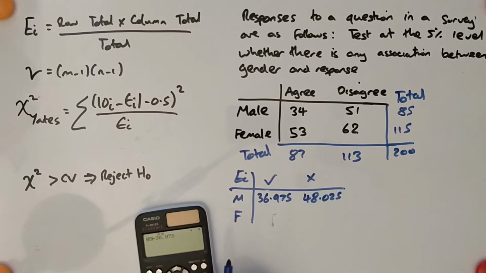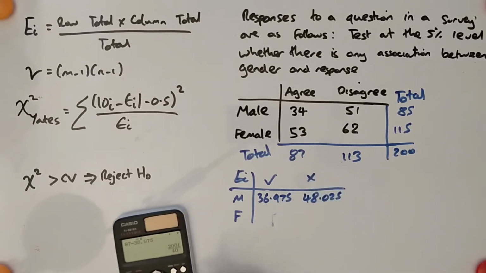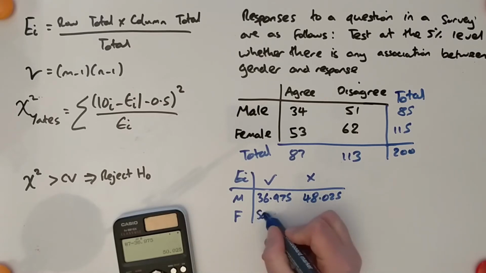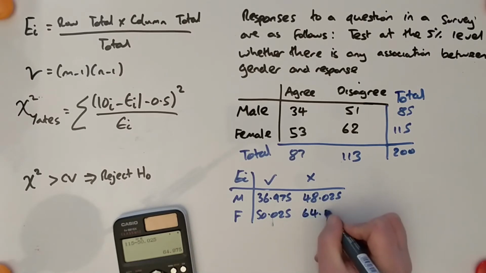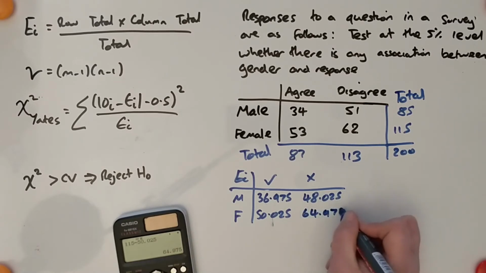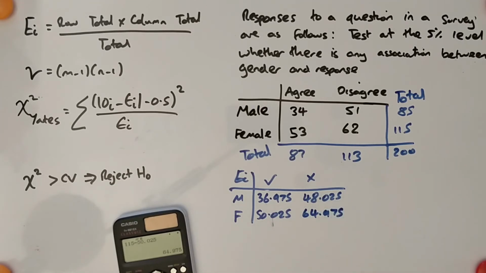So if I do 87 take away that, I get 50.025, and then do the same here. So I'm going to do 115 take away that one. So 115 take away 50.025 gives me 64.975. Okay, so it's actually easier to work out the expected values for this one, because you only really need to work out one, and then you can work out the other ones.